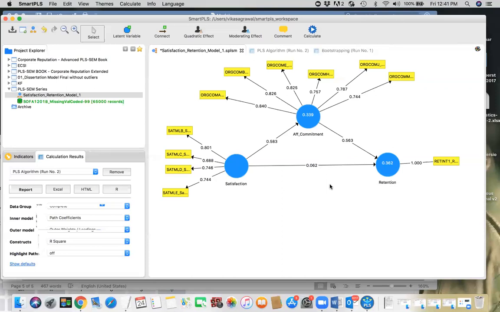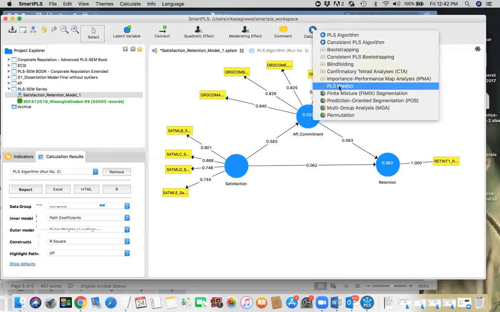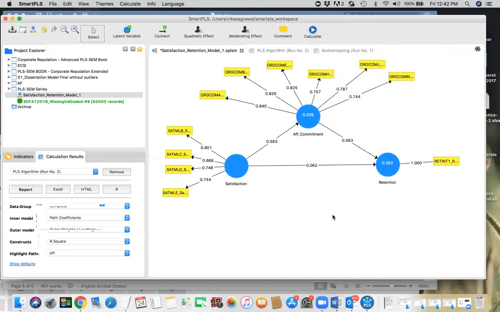If you read the resources, they say that we now have to use out-of-sample data to assess the predictive accuracy of the model. We're not going to do that here, but those who are interested can run PLS predict or do more research on that, and that will give you an out-of-sample prediction accuracy. We're not going to focus there right now, but for most of the research you do, R square is more than enough to write down.